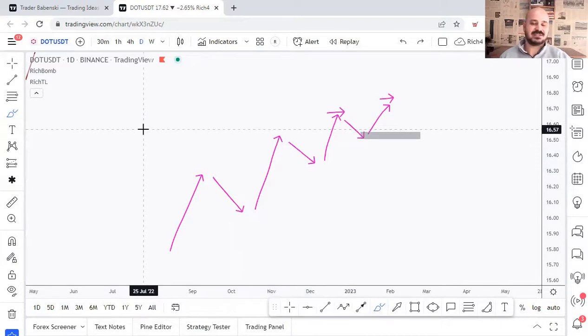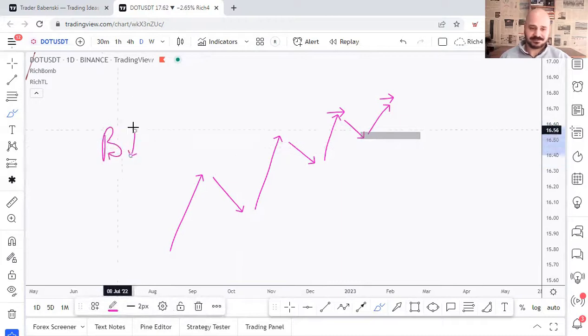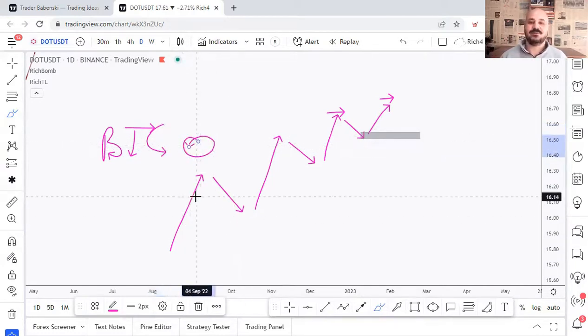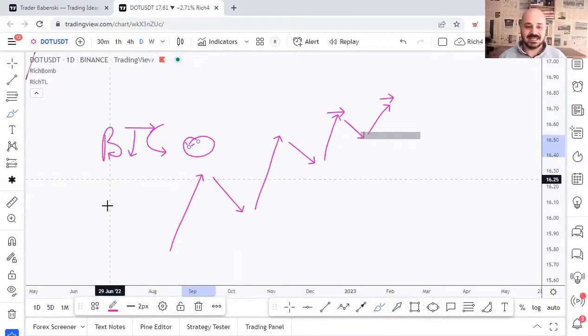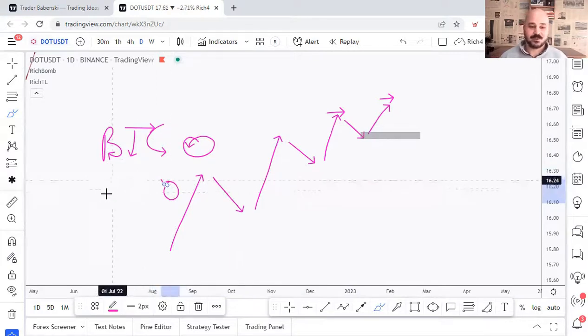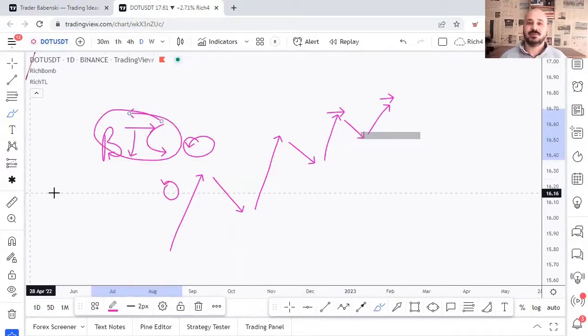So for example, since we are going over crypto, of course Bitcoin, when you go over market structure there, because it has a market cap of billions, of course a candle movement would be bigger than the same exact candle that you see on, for example, DOT, because it has a lower market cap. So you can rely on market structure of Bitcoin more.